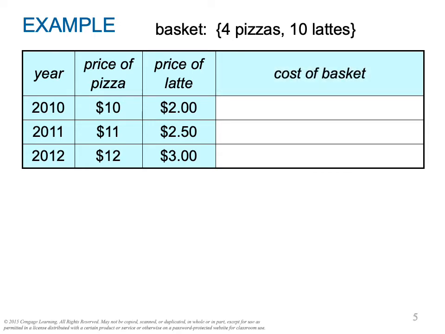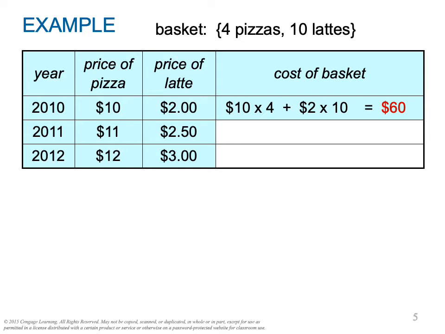All right, so to start, we just need to figure out the cost of the basket. So the price of pizza times the number of pizzas, so it's going to be $10 times 4. And we're going to add that to $2 per latte times 10 lattes. And so we get 40 plus 20, which equals 60.